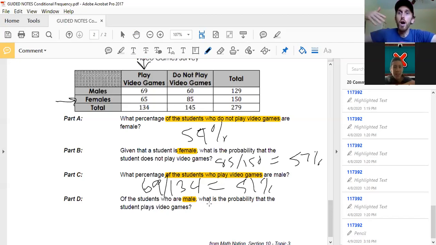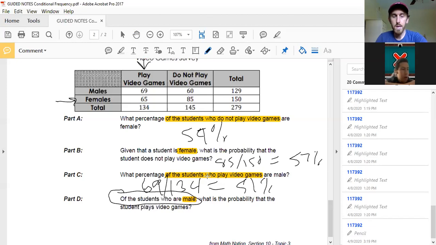It's like of the something, right? That's our condition right there. In the previous one, it was of the students who do. The first one, it was of the students who do not. So of the male students, my condition here is only males. I got who do play video games.